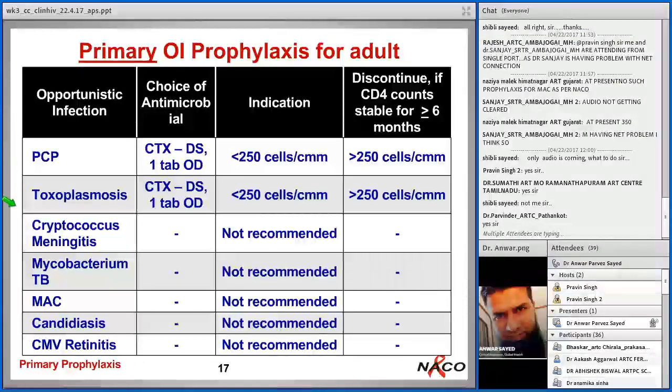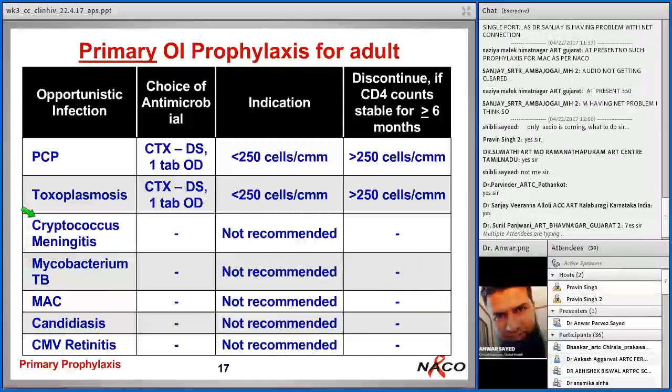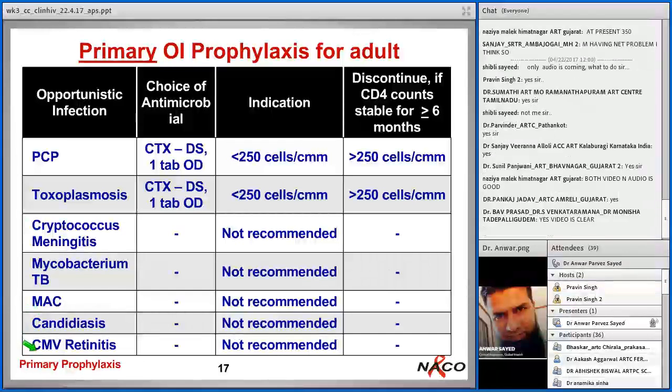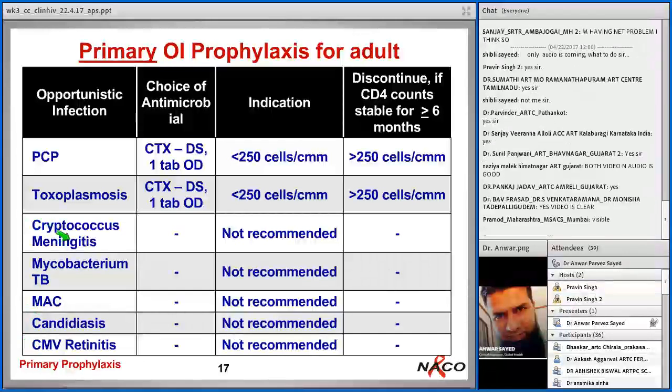So on the top of the list, you will see PCP and toxoplasma. For other diseases in national guideline, primary prophylaxis is not indicated. Maybe secondary prophylaxis is. We'll come to that later.